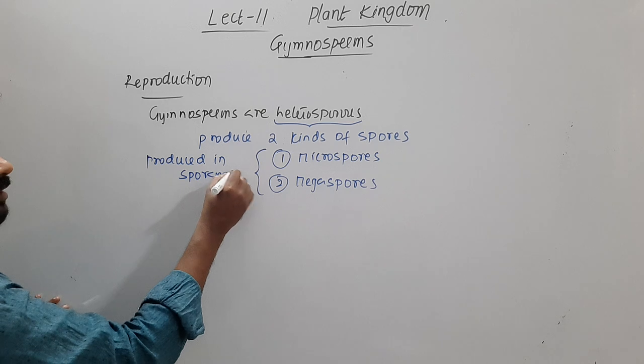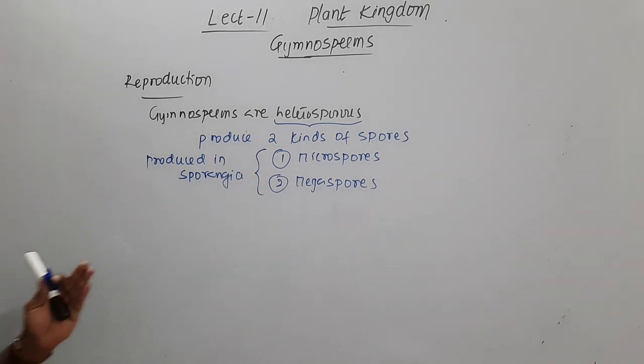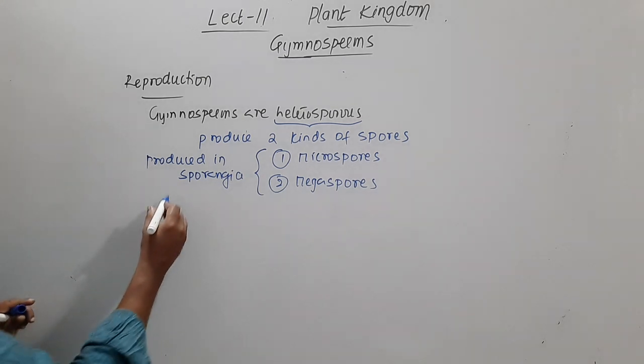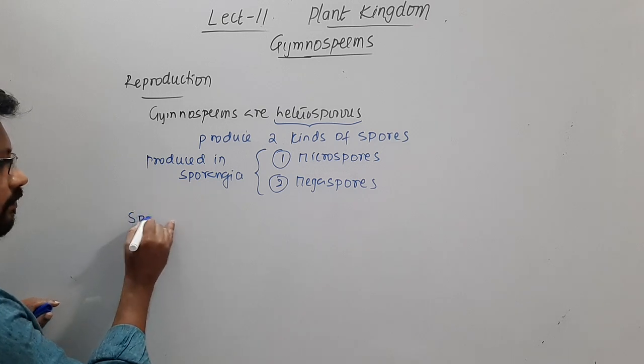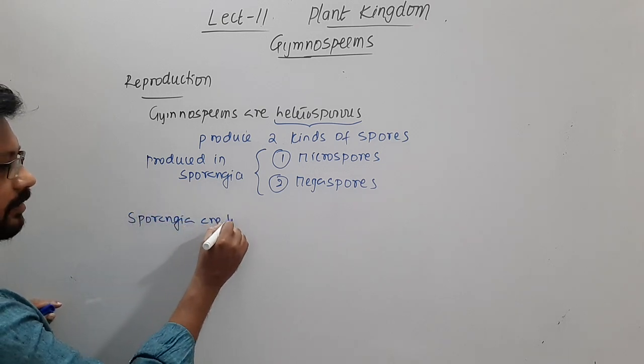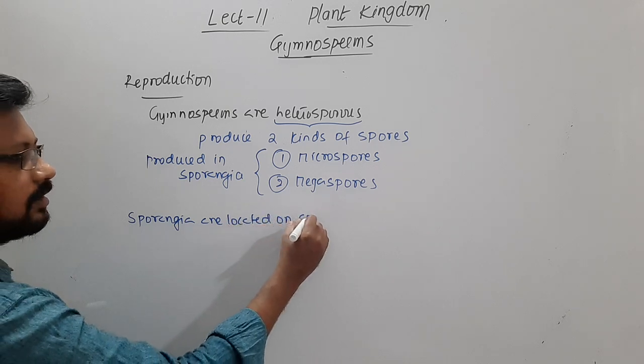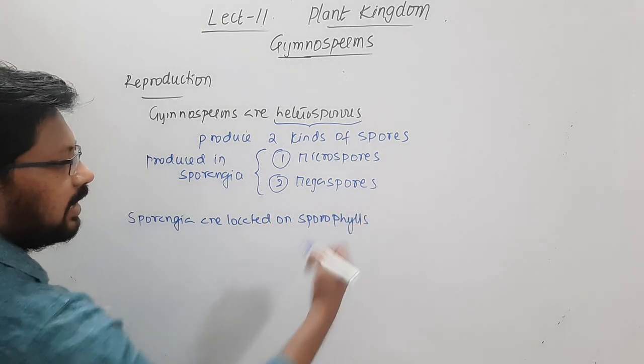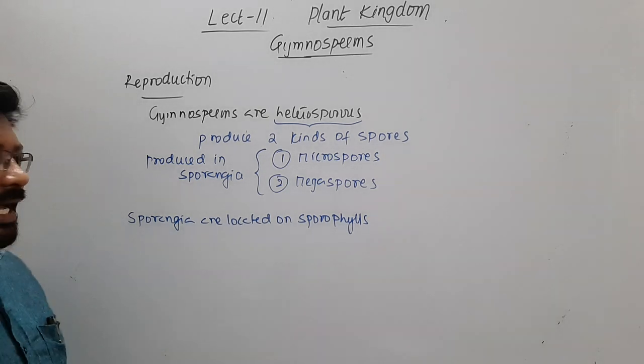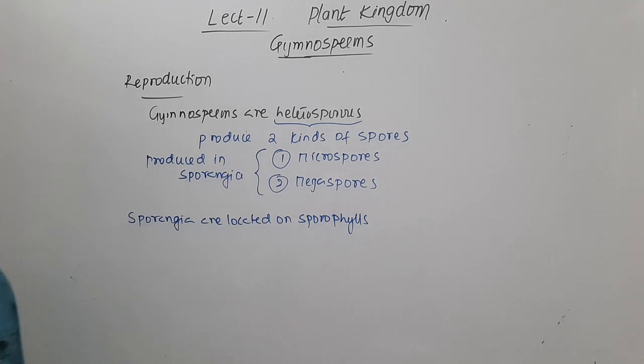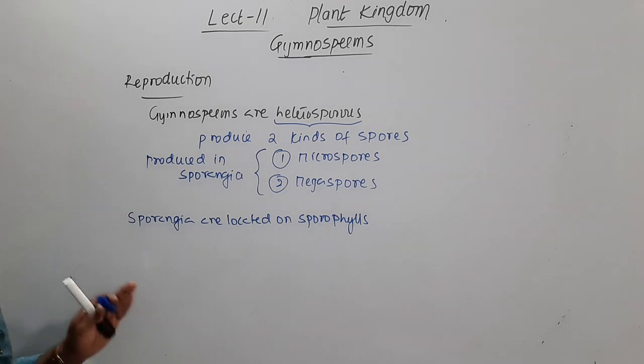Already, when we discussed the pteridophytes, we saw that the sporangia are the structures inside which spore formation takes place, and these sporangia are located on sporophylls. These sporophylls are spirally arranged along an axis to form lax or compact strobili.